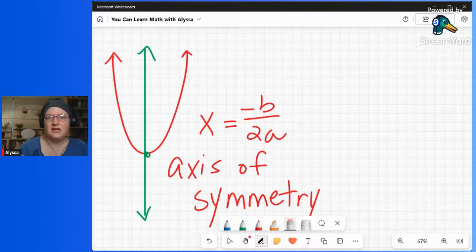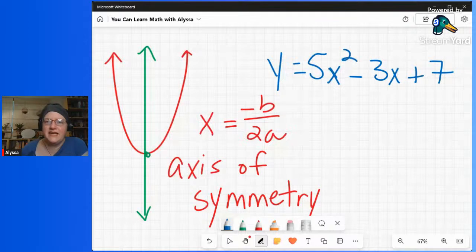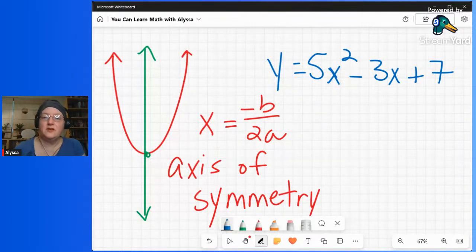So I'll give you an example. Let's say y equals 5x squared minus 3x plus 7. And they ask, what is the x value of the vertex? The x value of the minimum or max, this would be a minimum because it's opening up. This is it: negative b over 2a. Negative here means the opposite of.